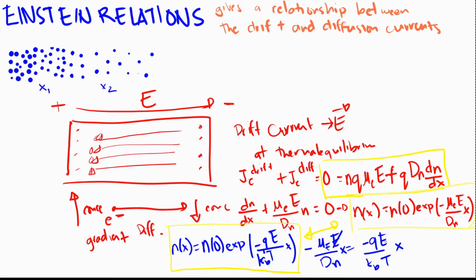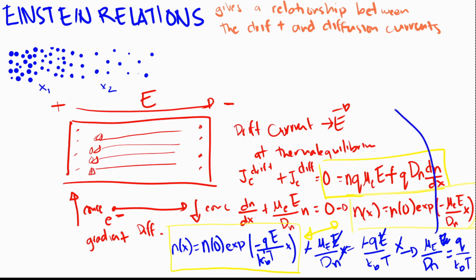Canceling E, canceling x, canceling the negative, we'll get that mu E over Dn is equal to Q over kBT.